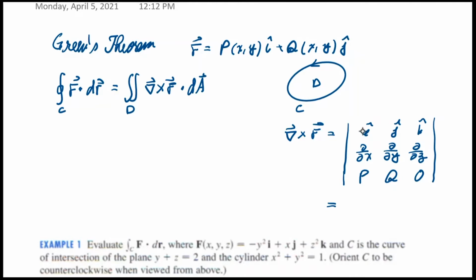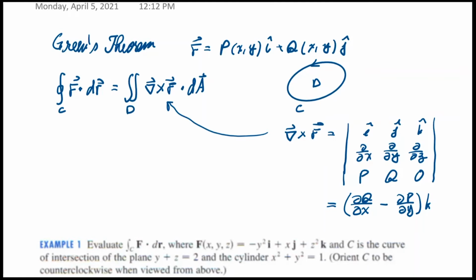And the J component you have 0, because this is a function of X and Y, and you're trying to take a derivative with respect to Z, so that's 0. So K is the only thing that survives: partial Q over dx minus partial of P with respect to Y, times the K vector. That is the thing that goes in here. Do you remember forgetting this? Right, so far with me?